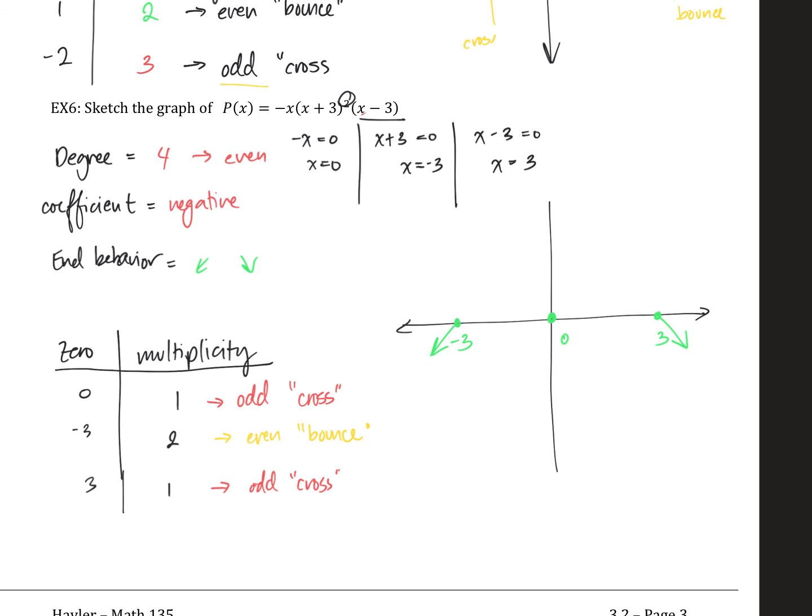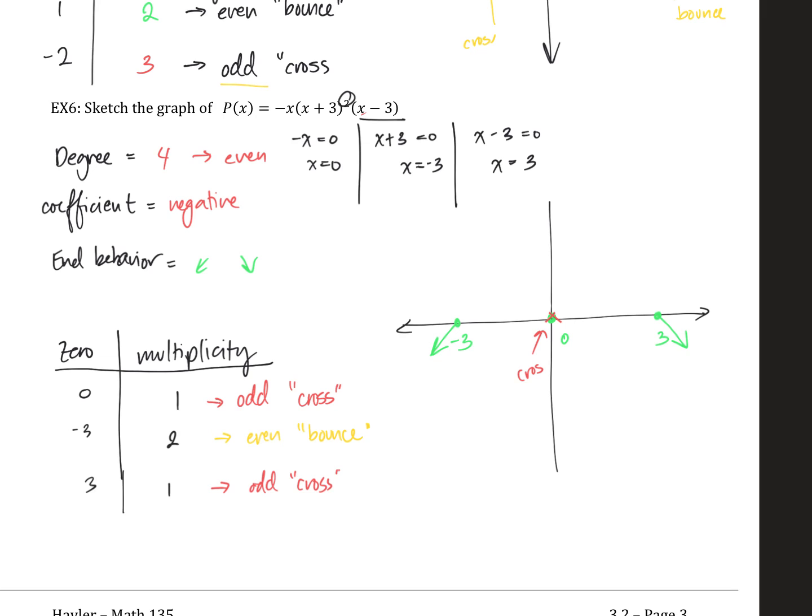Let's use the rest of our information to figure that out. Well, at the 0, we know that it's supposed to cross, which means it should be doing something like this or down like that. We don't know quite which one yet. So since we don't know which one, let's start at the very end dot, which is always a better idea.